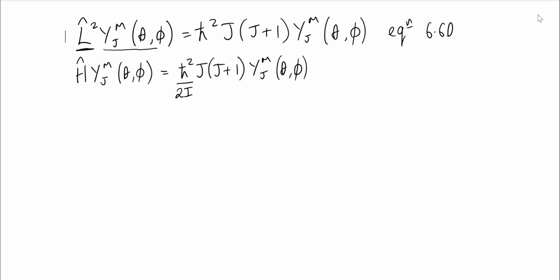And again, since it's an operator equation, that same wave function y occurs on the right hand side, and we recognize that the eigenvalue is a constant and is a function of the quantum number j. This is equation 6.60 in your textbook.